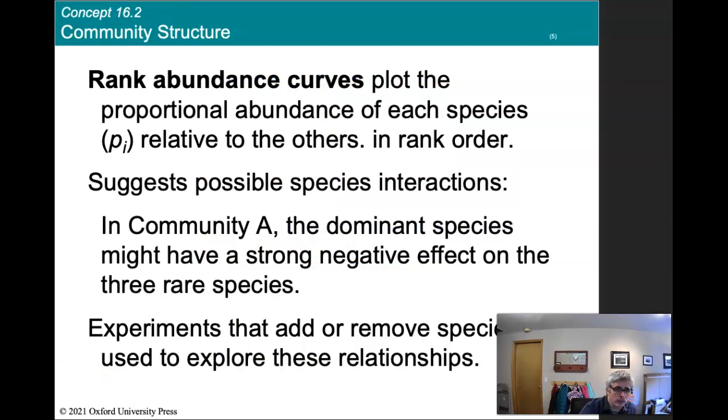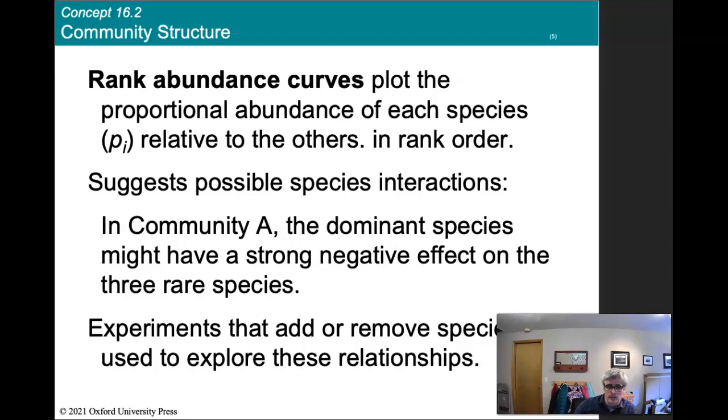So rank abundance curves are a way to plot the proportion abundance of species relative to others in rank order. So this is another way of looking at species distributions and evenness. So this suggests possible species interactions. In community A, the dominant species might have a strong negative effect on the 3 rare species.